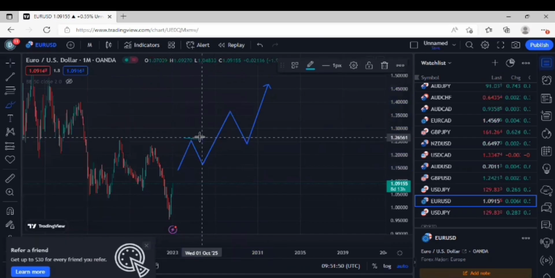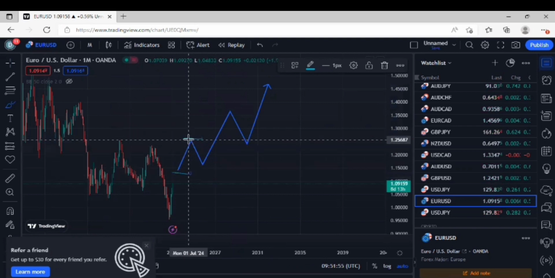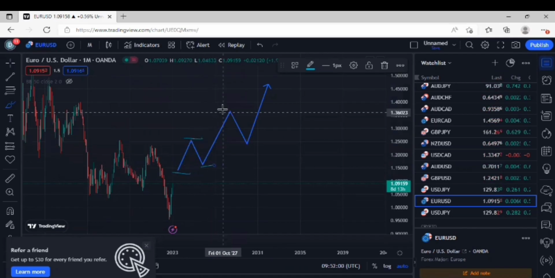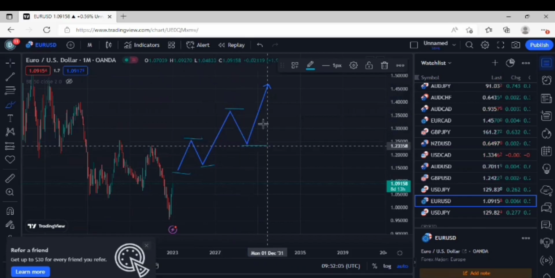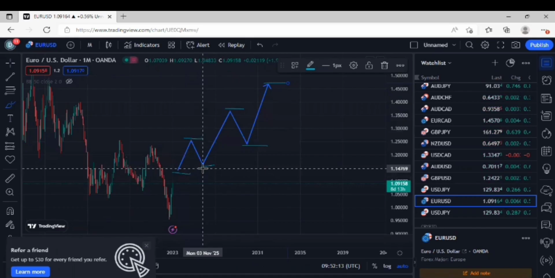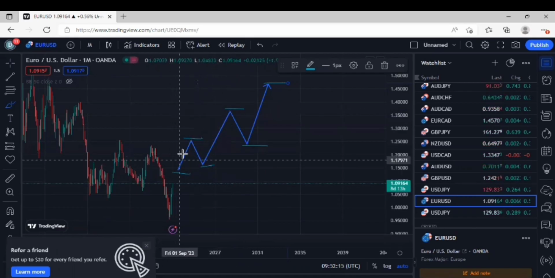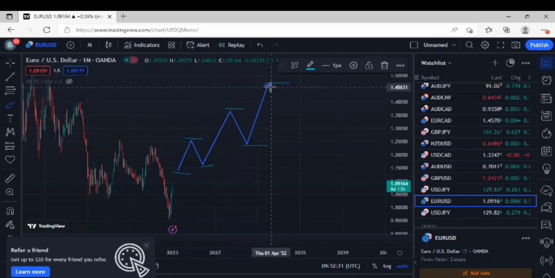Here you have a low, here you have a high, here you have another low, here you have another high, here another low, and here another high. So we call this the low, the high, the higher low, the higher high, and so on. How do you use this to determine the trend of the market?